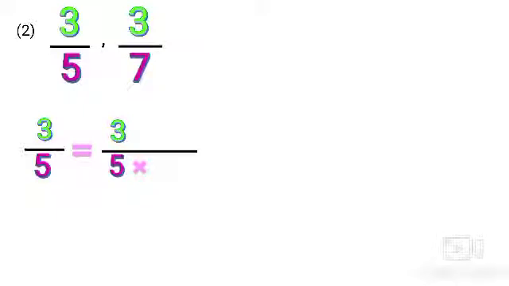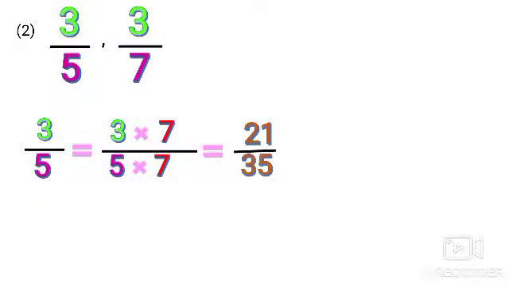So here you take the number that comes in the second fraction, that is 7. So 7 is multiplied by 5, the same multiplied by 3, and here you will get the answer as 21 upon 35. Now the next fraction, that is 3 upon 7.